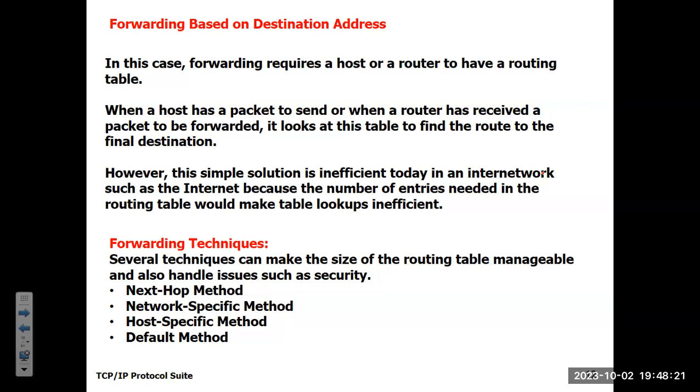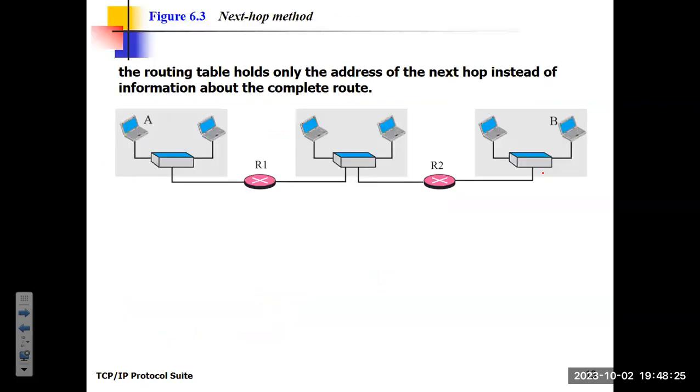All right. There are two different types of forwarding. We'll show you some examples here. The first one: let's say I'm trying to send something from A to B. How will computer A know I have to go through router 1, then router 2 to find the destination? So I need a table.